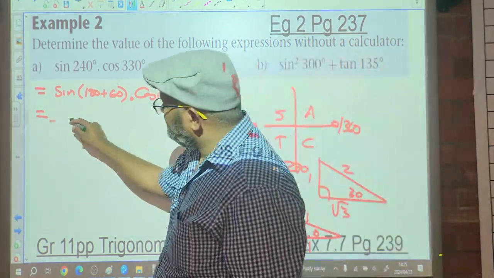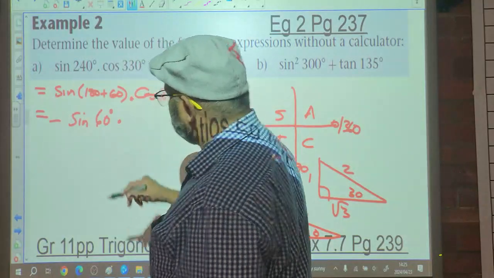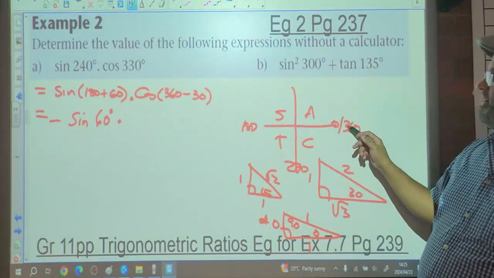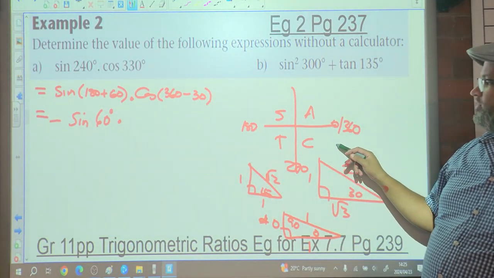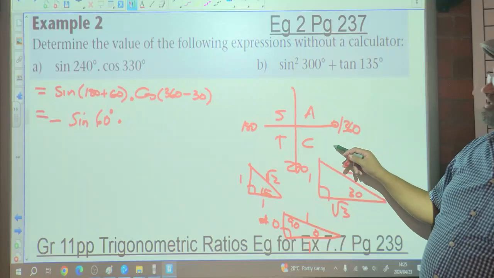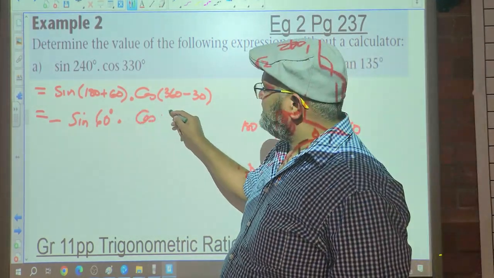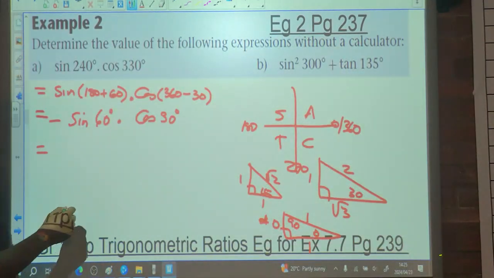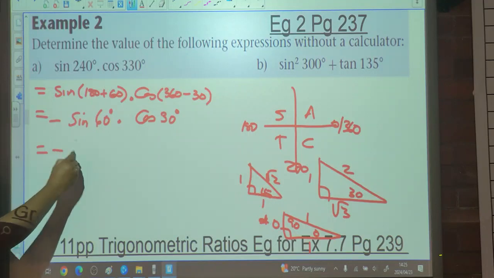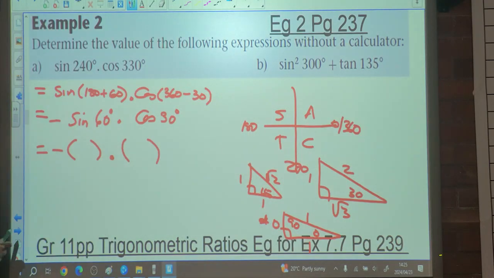So it's going to be negative sine 60 times cos of 360 minus 30. Which quadrant is that in? Quadrant 4. Is cos positive or negative in quadrant 4? Positive. So it's cos 30 degrees. So let's go. It's negative sine 60 times cos 30.